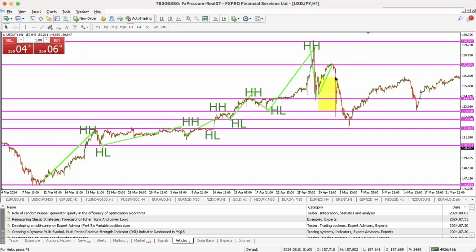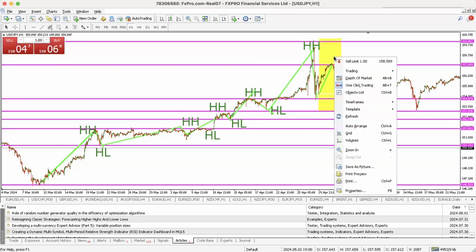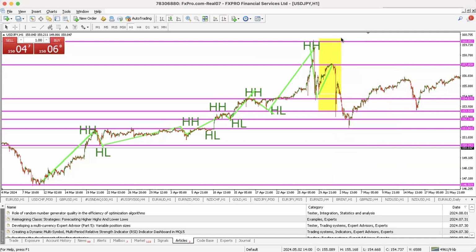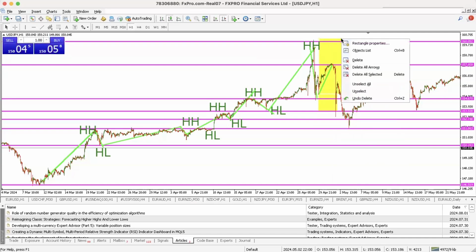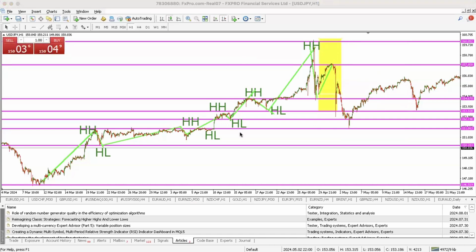And then you're aiming for that. So as you can see, you would have started making money around here or wherever you saw this move.